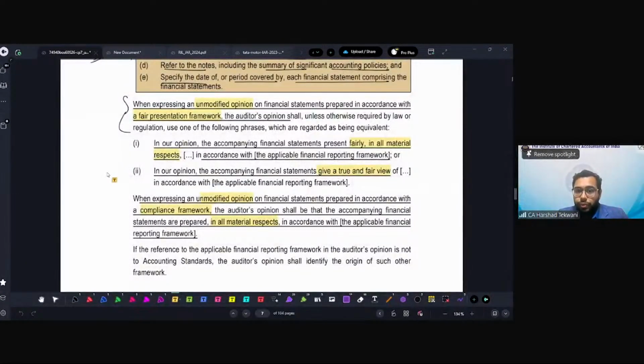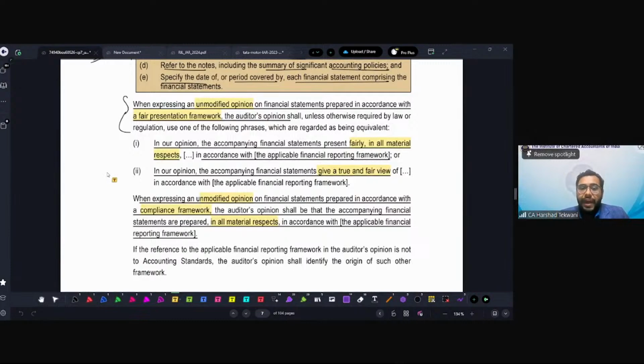Combining both. Then in your opinion paragraph, after having a fair presentation framework opinion or compliance framework opinion, you need to specify the particular financial reporting framework.